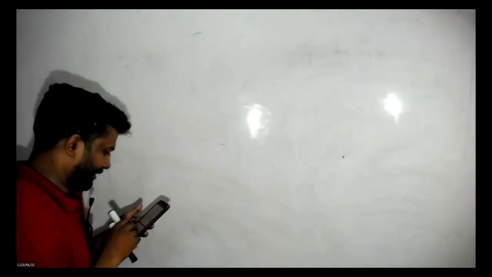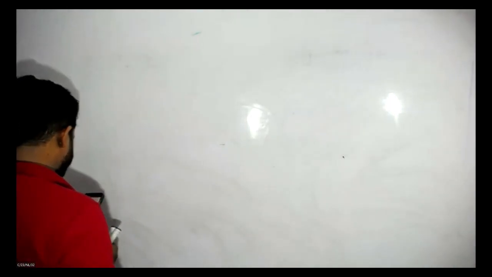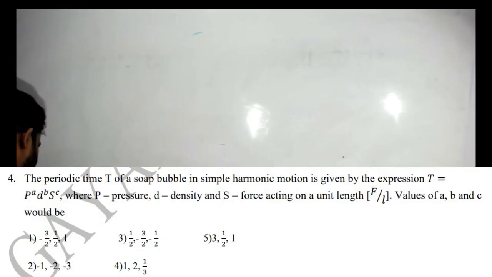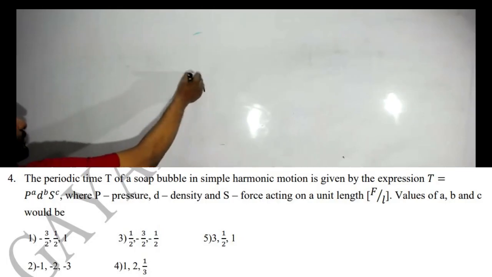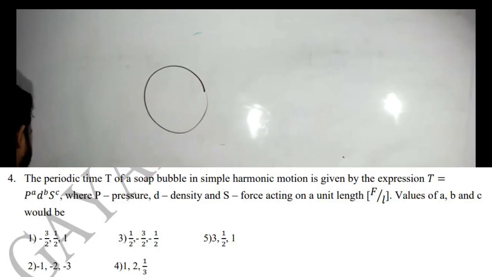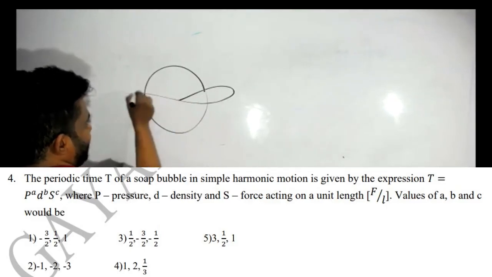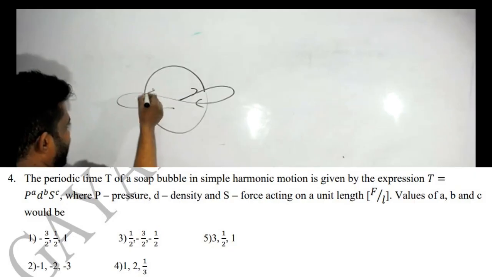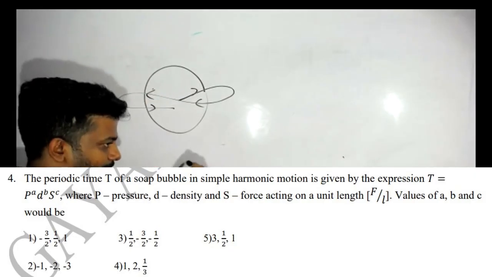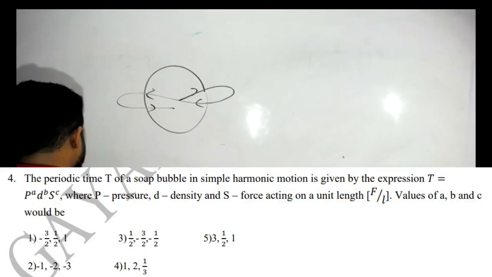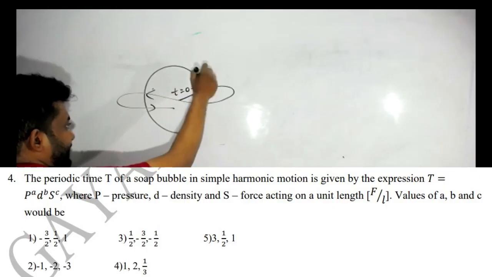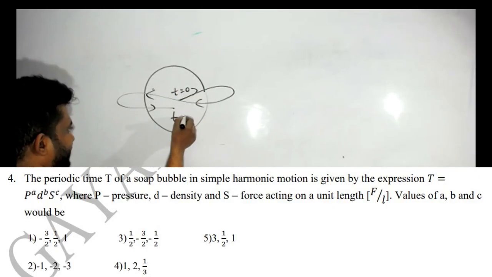In the next question, the periodic time of a soft bubble of simple harmonic motion. Let's see what it says about the soft bubble. Let's think of simple harmonic motion as something that vibrates like this. As you understand it now, it is a vibration, right? At t equals 0, it is the time taken to complete one vibration.